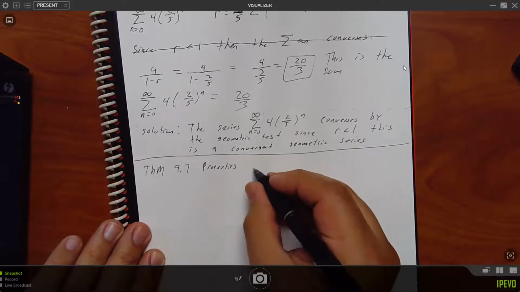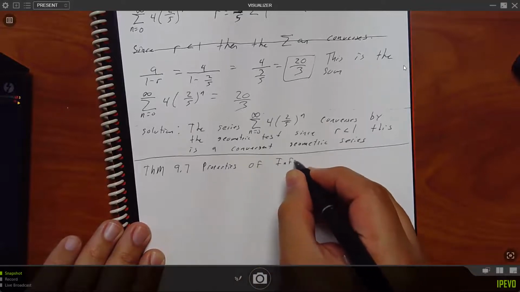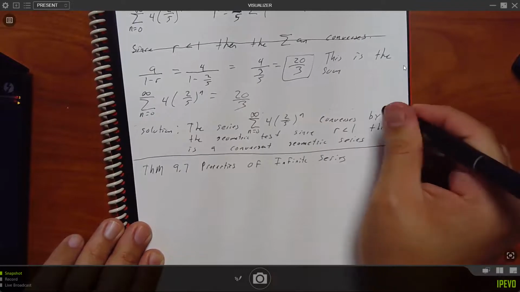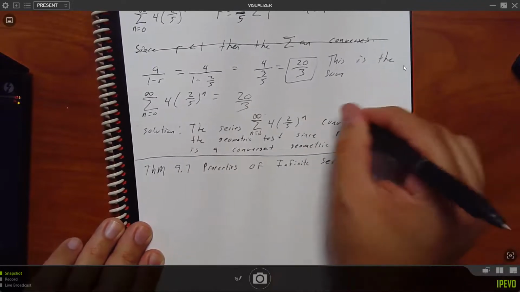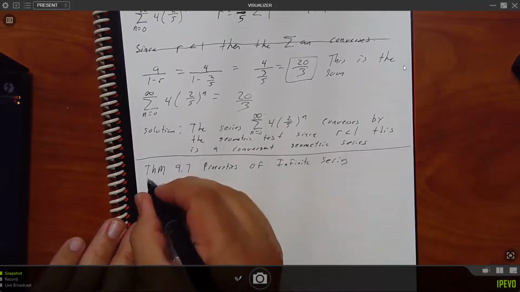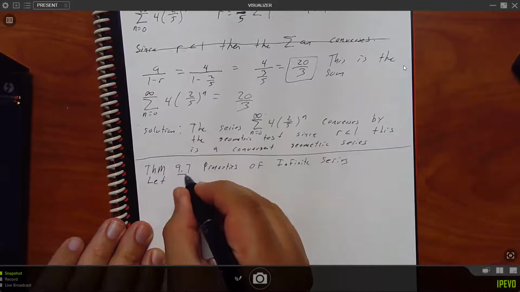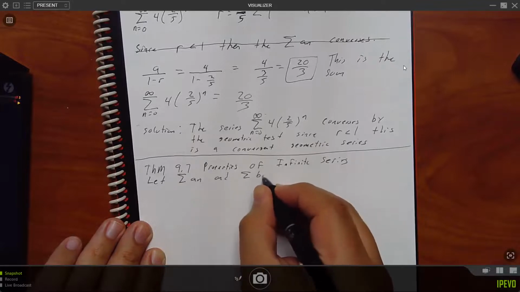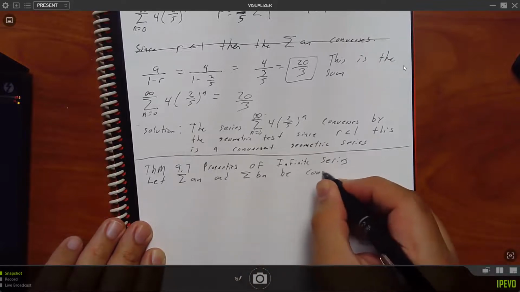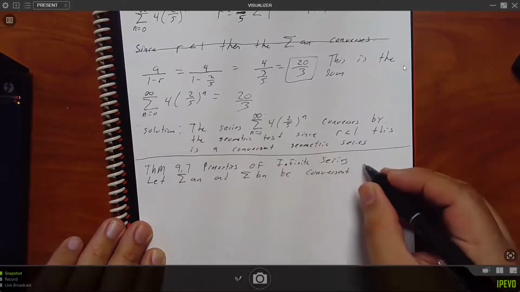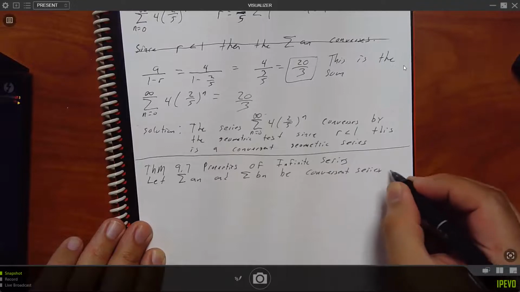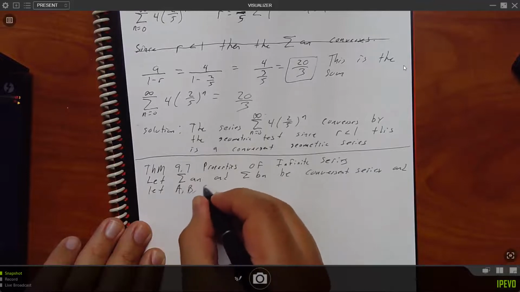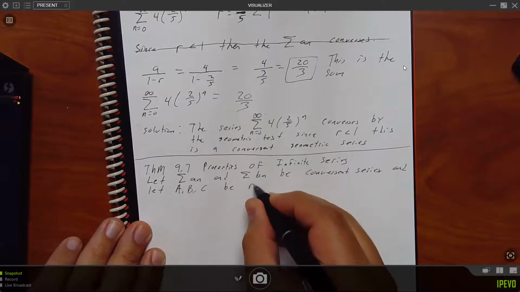Let me give you properties of infinite series. Let the series a sub n and b sub n be convergent series, and let A, B, C be real numbers.